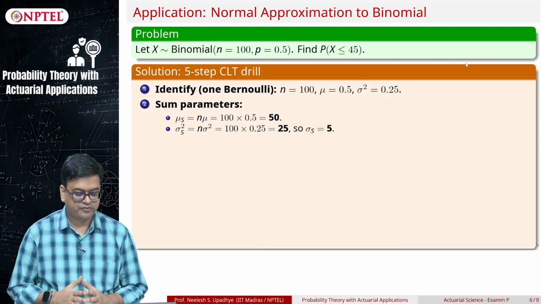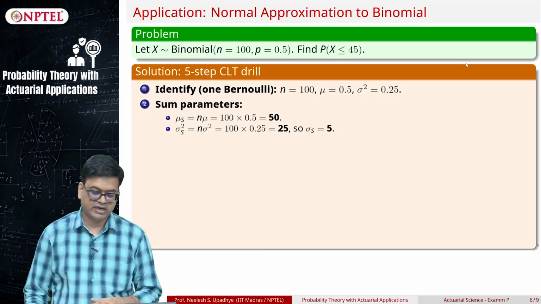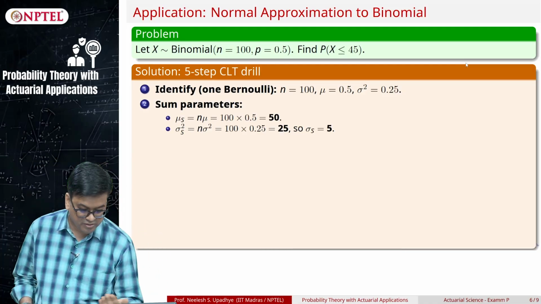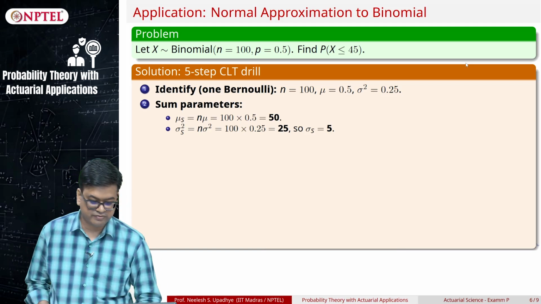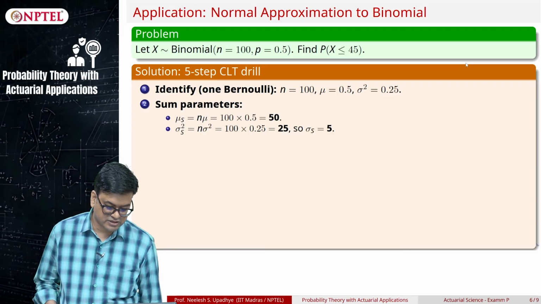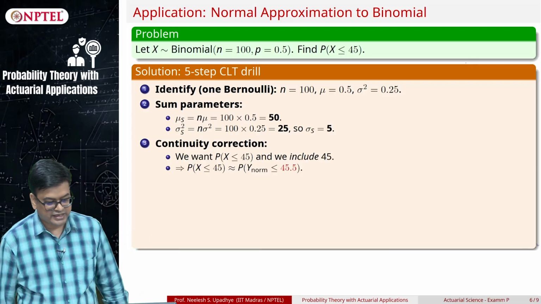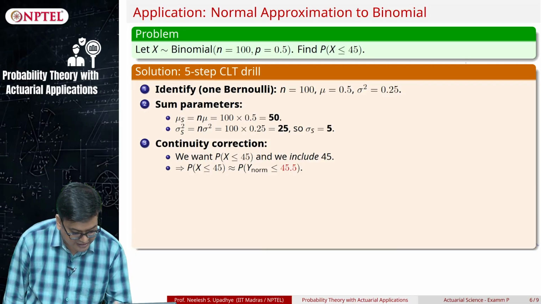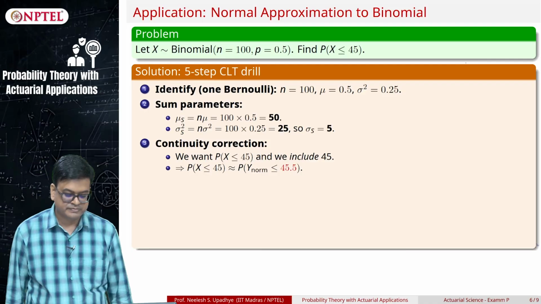So, we have identified mu s, we have identified sigma s as well, and we have actually looked at a binomial distribution which is essentially sum of Bernoulli random variables, right. So, this is essentially the distribution of the sum x, and then the continuity correction step comes, which I have motivated enough, and it is actually y norm less than or equal to 45.5, correct.